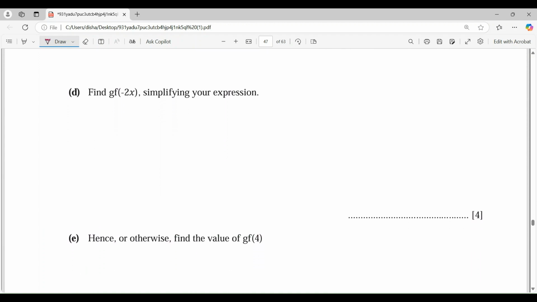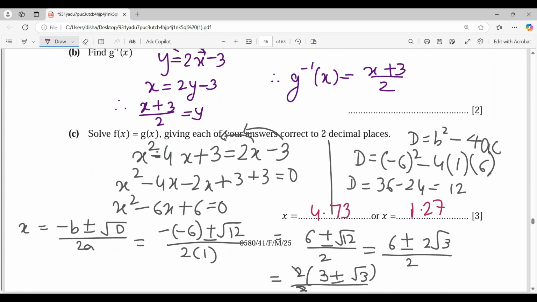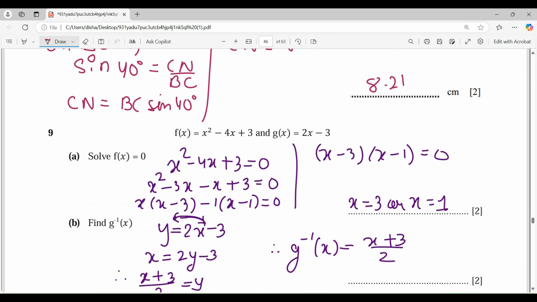Now D part that we have here is find g of f of minus 2x. So what does that mean? g of f of minus 2x. So first in f function we will put instead of x, minus 2x. So what is my function f? f, which is x square minus 4x plus 3.